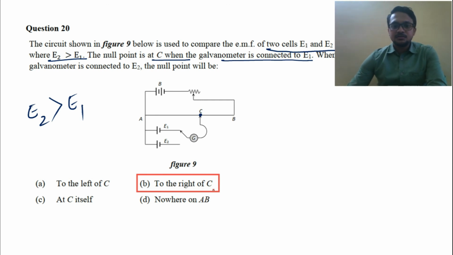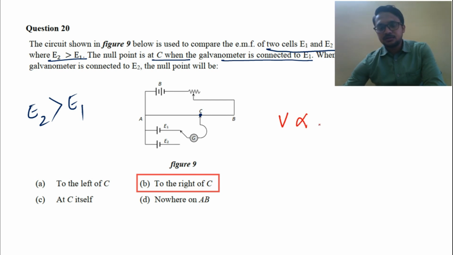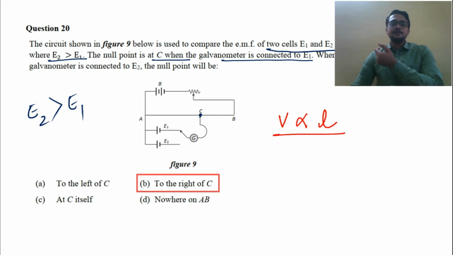Now here you need the concept of the principle of potentiometer, which is that potential difference is directly proportional to the length between two points on the potentiometer wire. Here one point is here and another point is here. So for E1 this is the length.